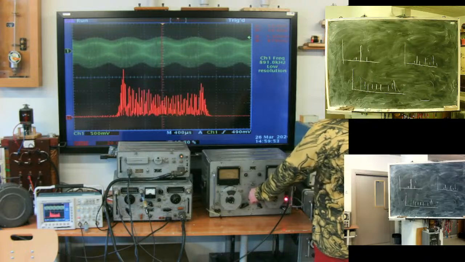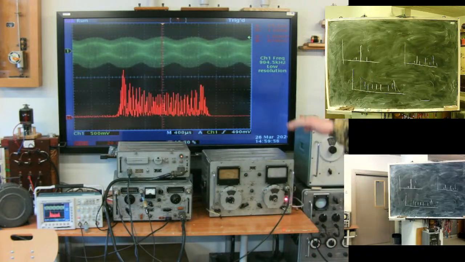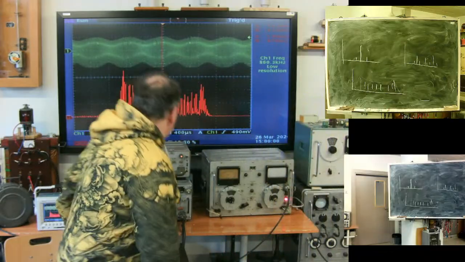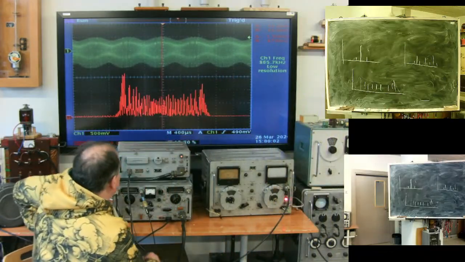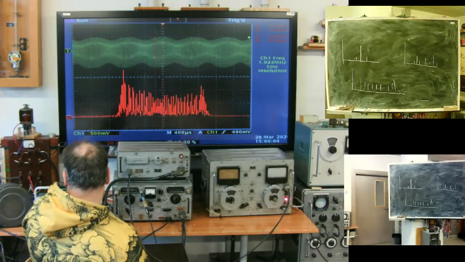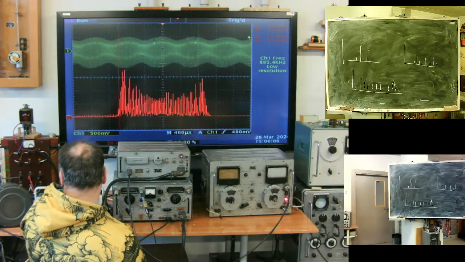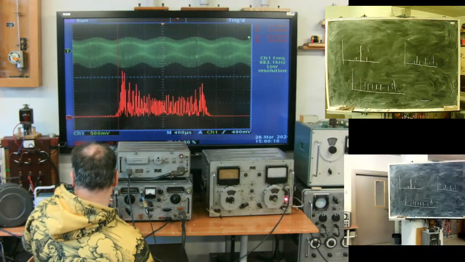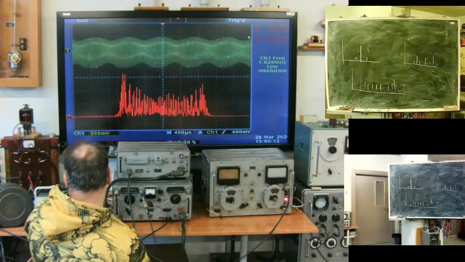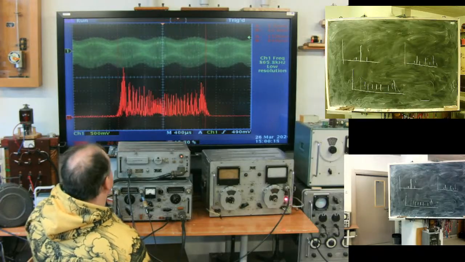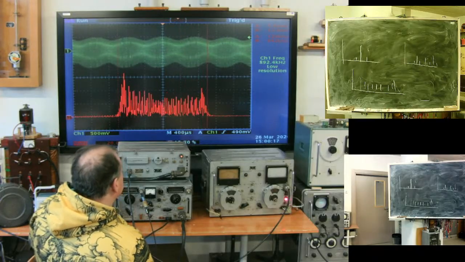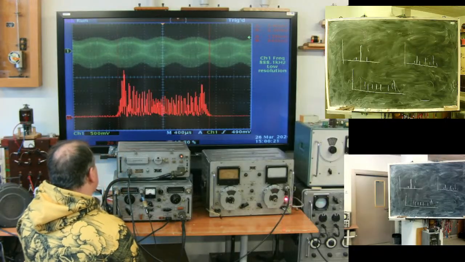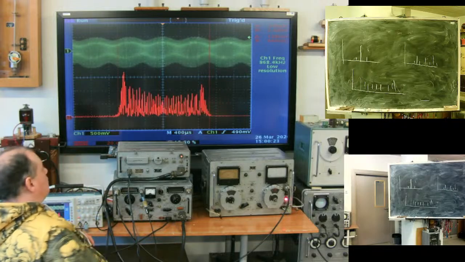Small deviation, higher deviation. It widens and widens. Frequency of the modulating signal is 2 kilohertz. And the width of this beauty now, with 75 kilohertz of deviation, will be double, approximately 130 kilohertz.